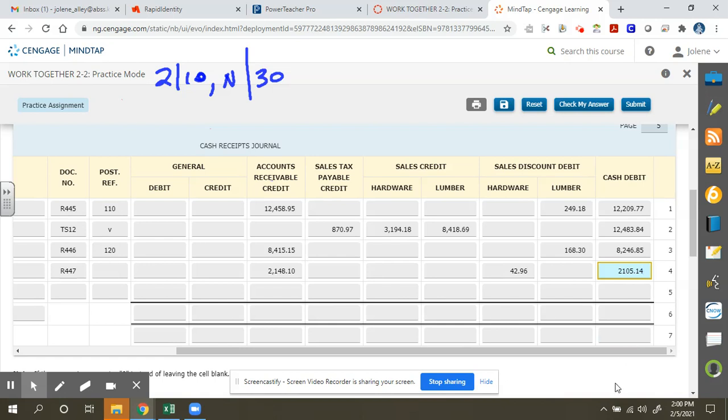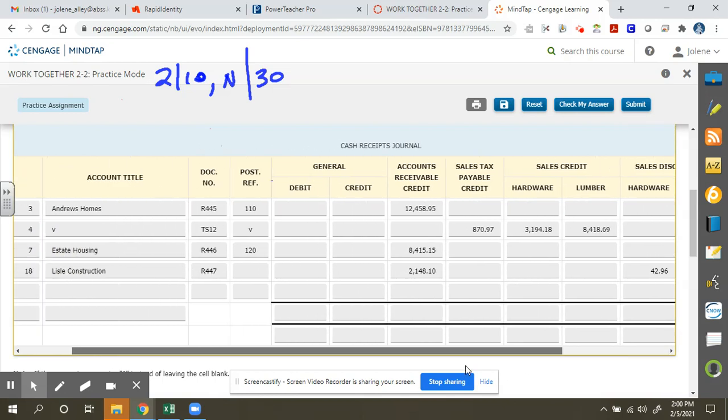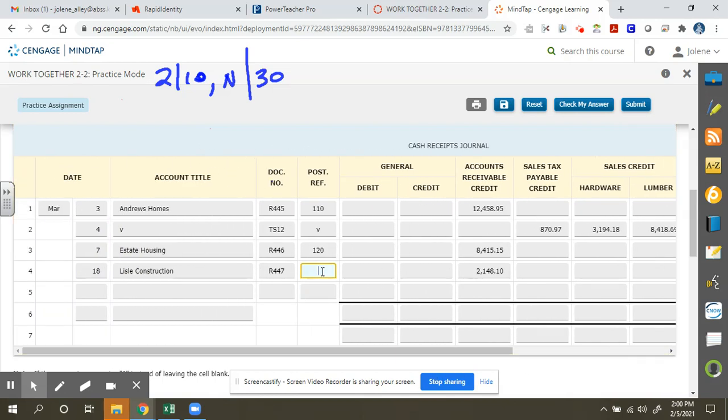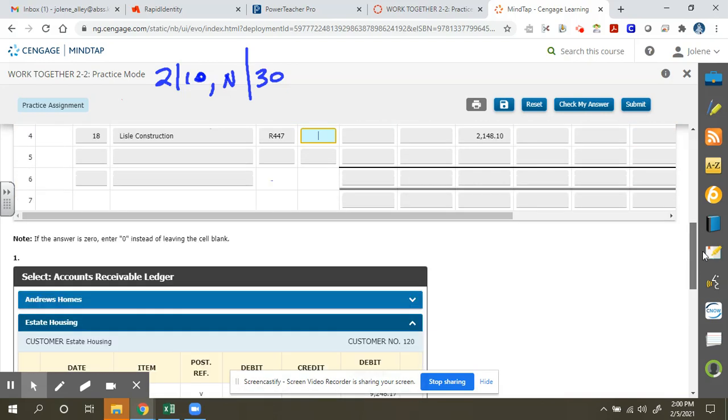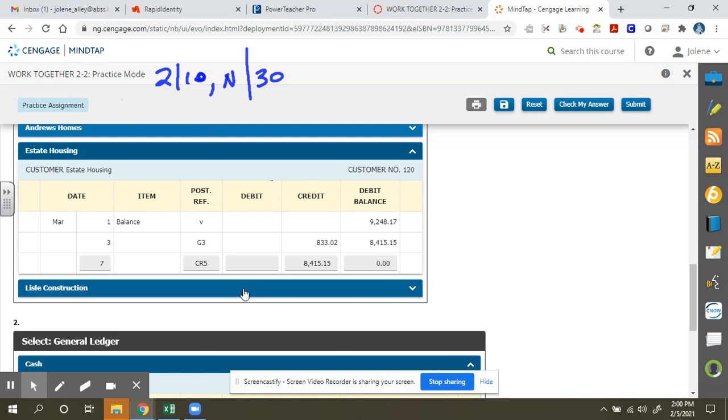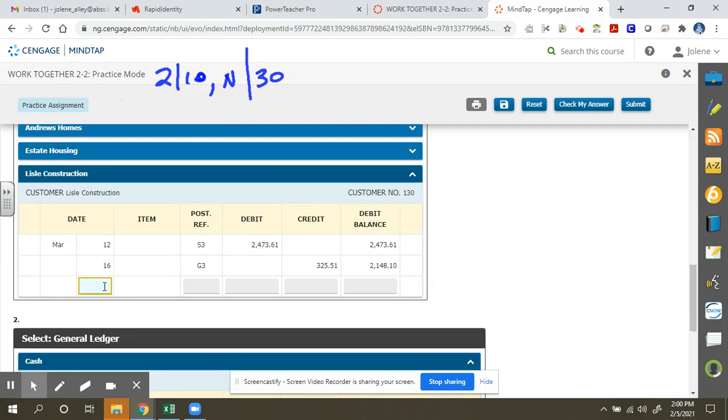Okay. Now I'm going to go over here and I got to post this to Liesel for the 18th. They're down here for the 18th. And it's cash receipts journal, page 5.